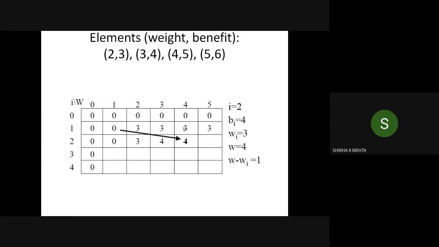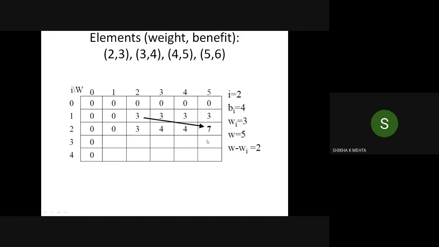Because a knapsack weight of 4 cannot accommodate two of these items, but a knapsack weight of 5 can accommodate both these items. Because 3 plus 2 is 5, and the profit associated with that will be 3 and 4, so we can write the profit as 7 over here.